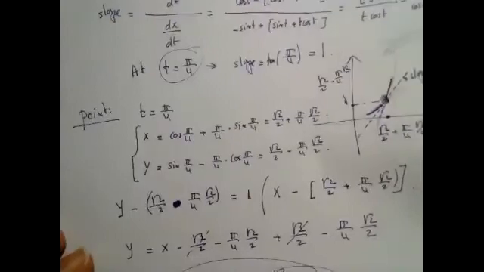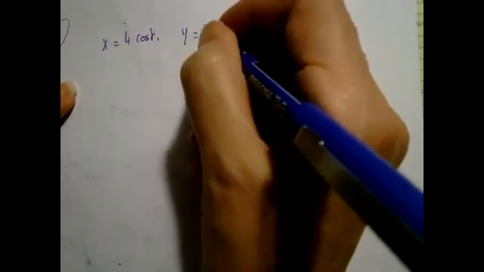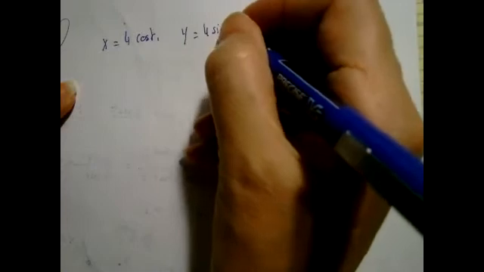Anybody else? Okay, so we look at number 77. Again, we have x equal 4 cosine t, y equal 4 sine t.